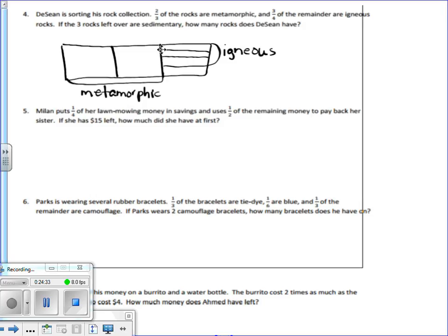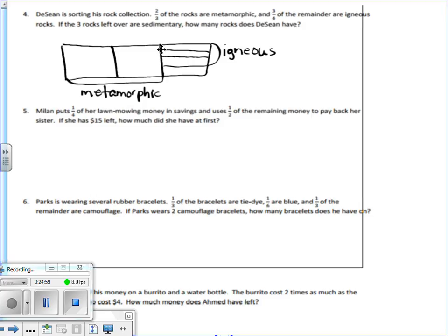If the 3 rocks left over are sedimentary, we've got this 1 unit left. What do I know about this 1 unit left? It's the sedimentary. What do I know about sedimentary?